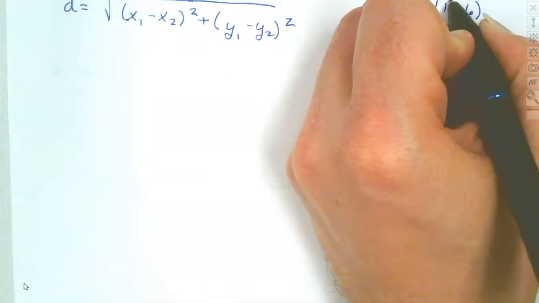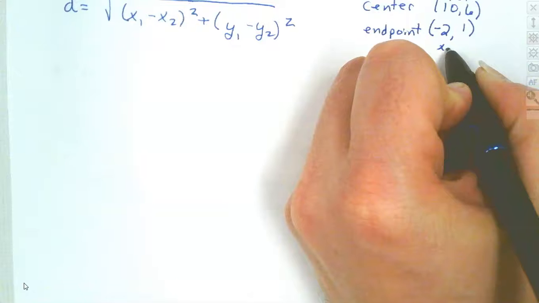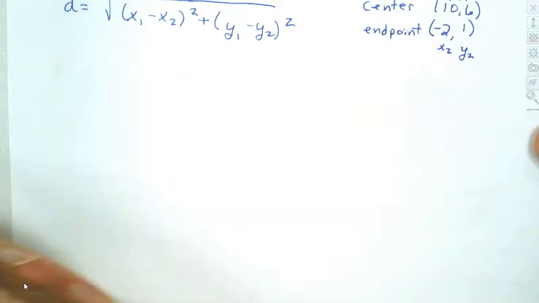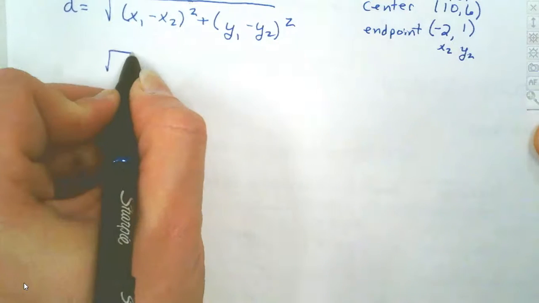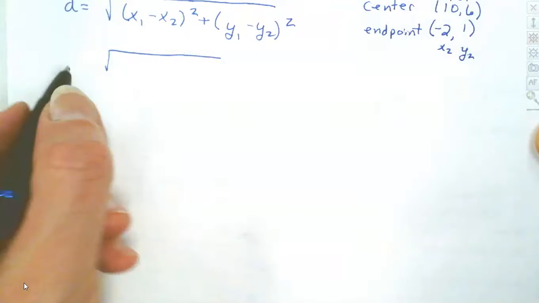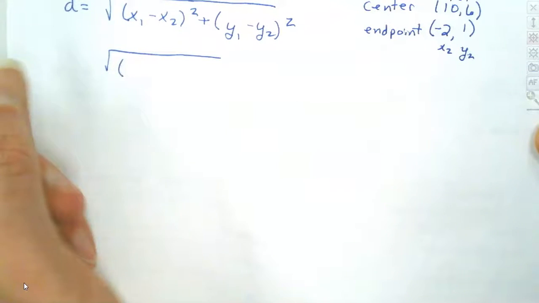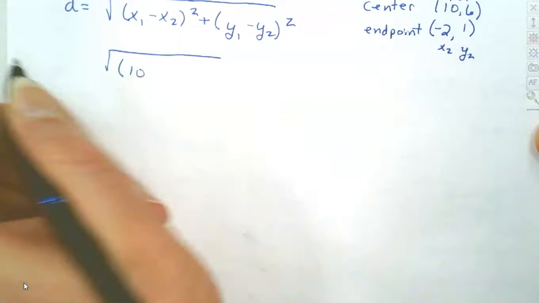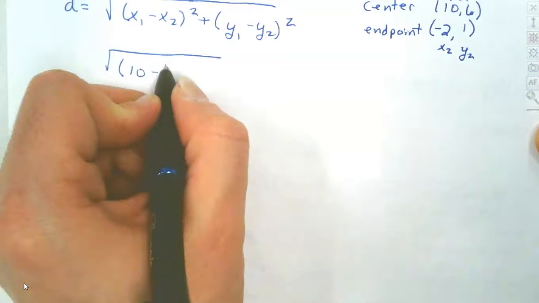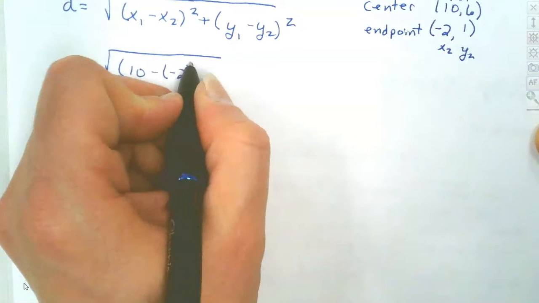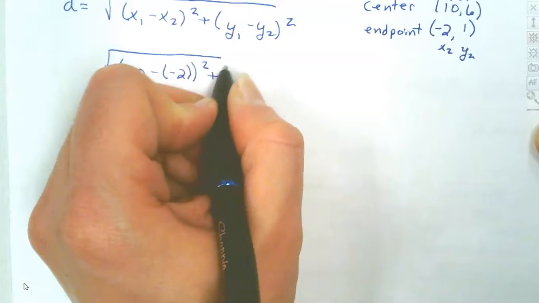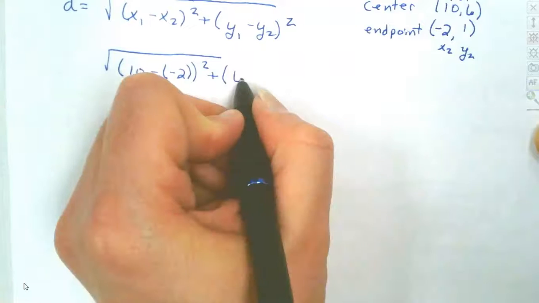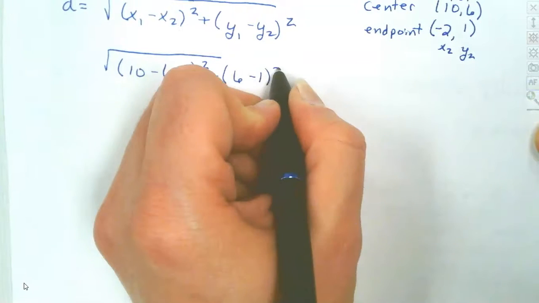This is going to be x1, y1, x2, and y2. So go ahead and apply your formula. And that's going to then be 10 minus, watch your double negatives here, a minus 2 squared plus 6 minus 1 squared.